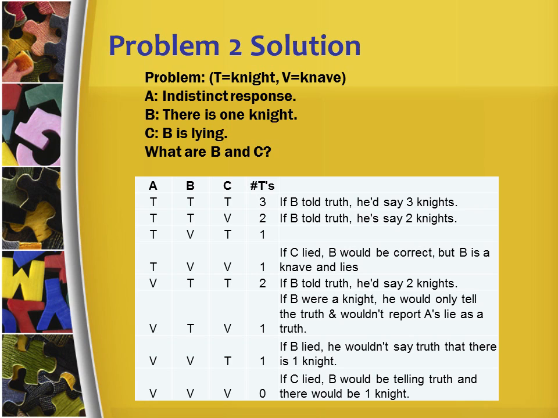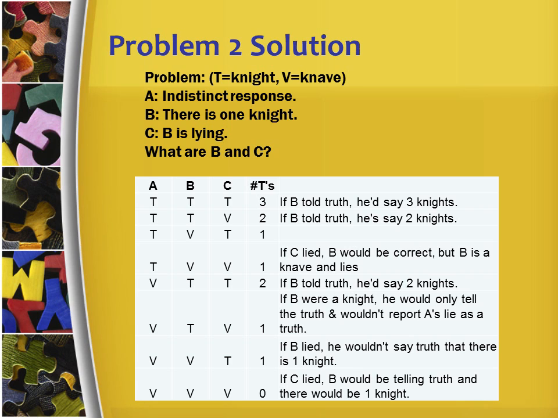So if I'm looking at the sixth row, VTV, then B is a knight, so he would really correctly report what A said.